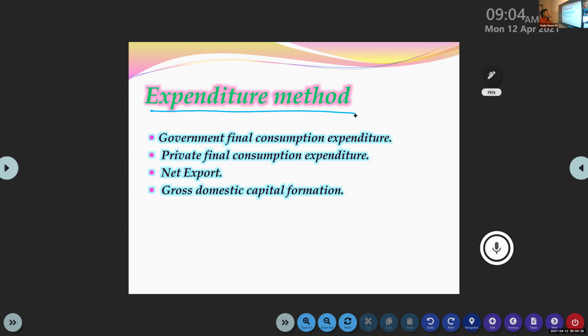Are they purchasing or not? Just think and tell me, is the government of India purchasing any goods from private individuals?